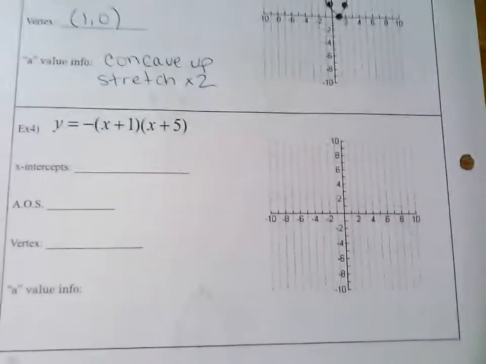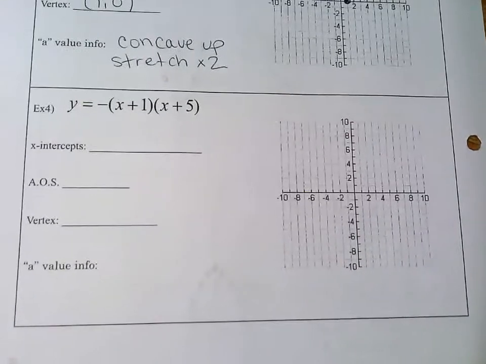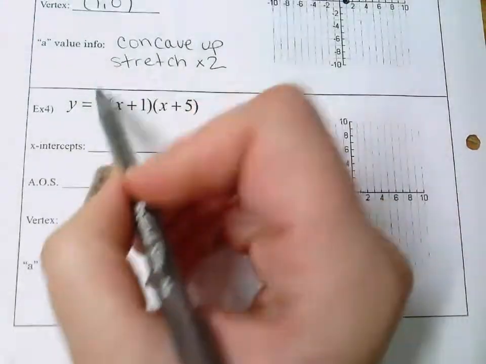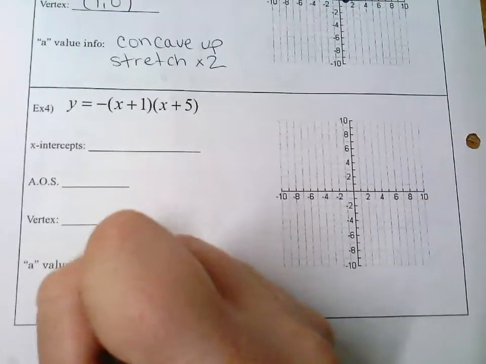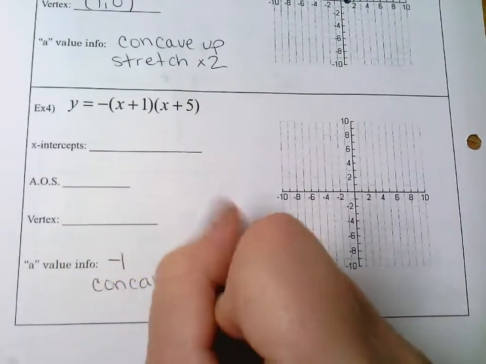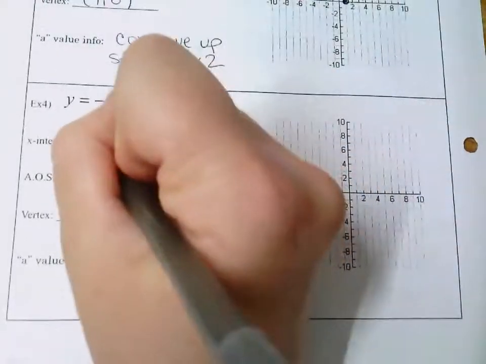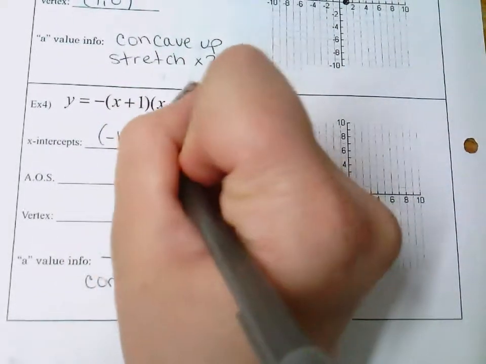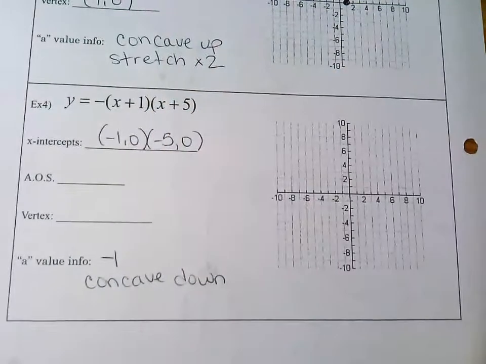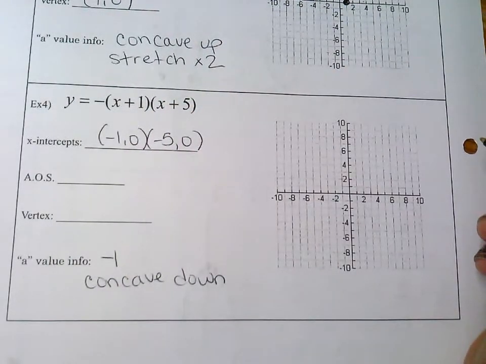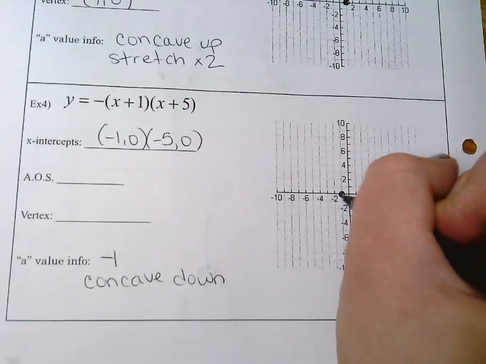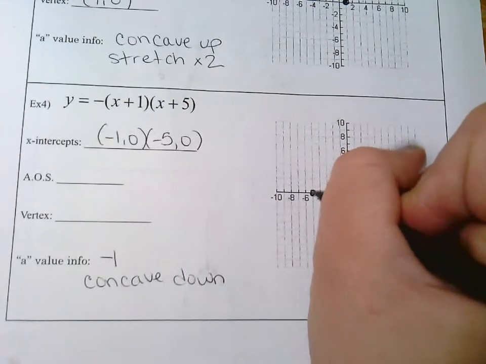Example 4. My a value is -1, so I'm concave down. My intercepts are at -1, 0 and -5, 0. So I'm going to plot those on the graph, -1, 0 and -5, 0.